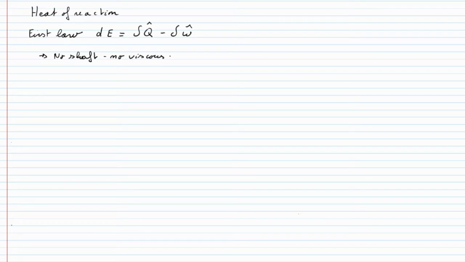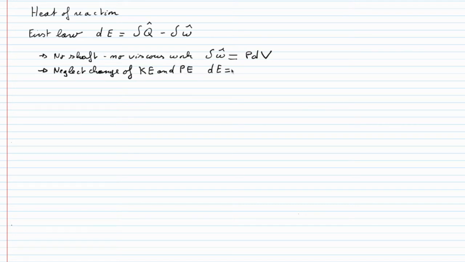We can now compute the heat of reaction. The first law tells us that the variation of energy is equal to the heat transferred to the system minus the work done by the system. If there is no shaft or viscous work, then the work equals PdV. If we neglect the change of kinetic energy and potential energy, the variation of energy is equal to the variation of internal energy.